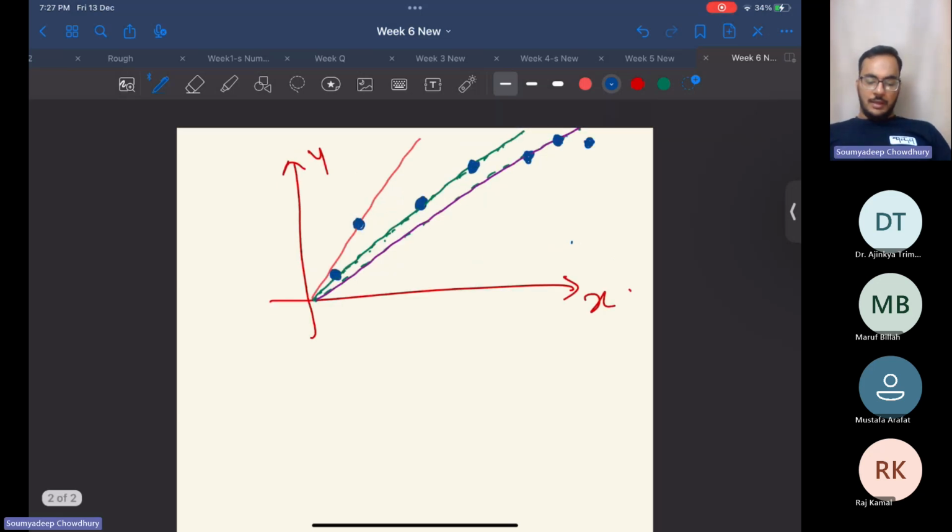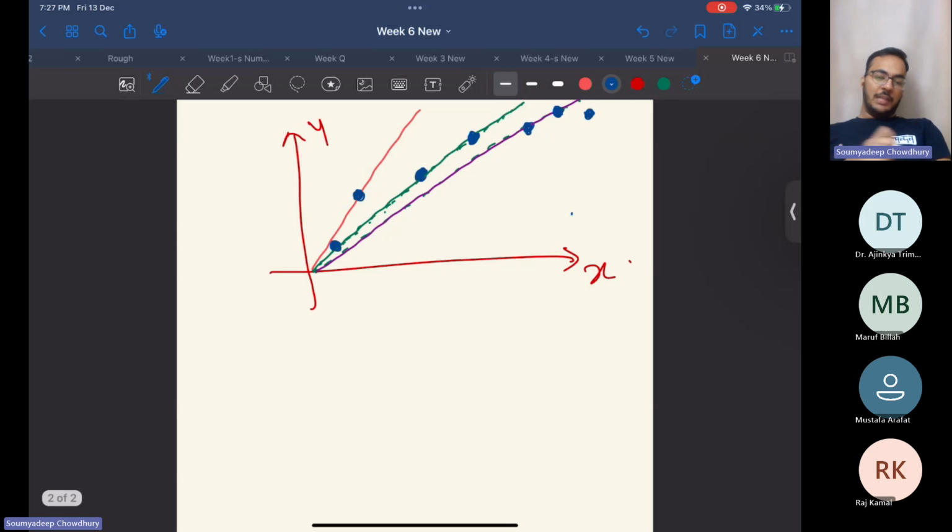Now, you can see here, all of your data points will not lie on a single straight line. But we need to understand that one of the straight lines out of this is the closest to all these data points. So that is called the best line of fit. Now how do you determine what is called the best line of fit?